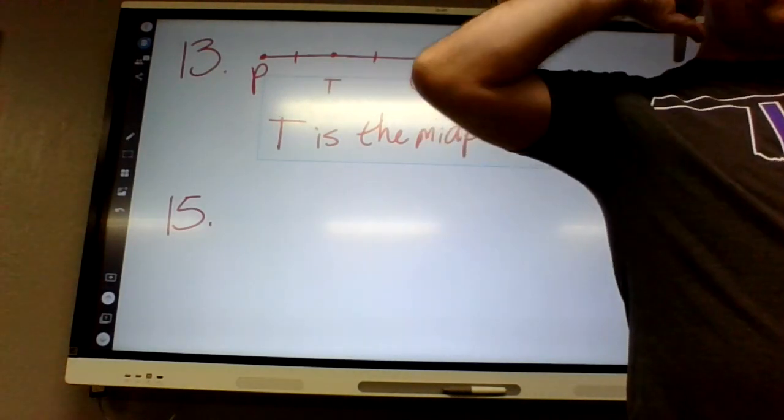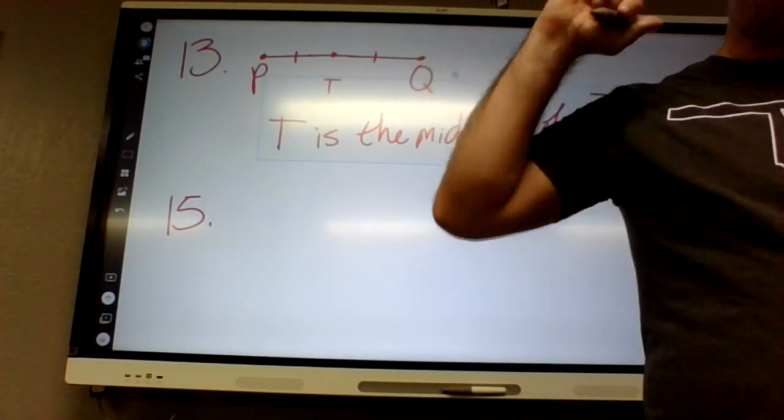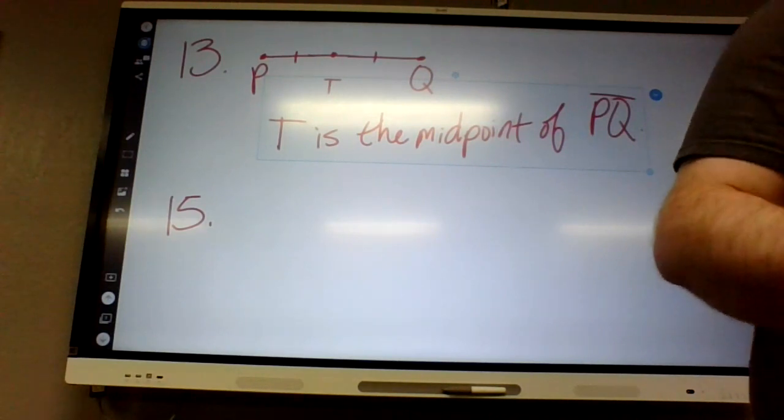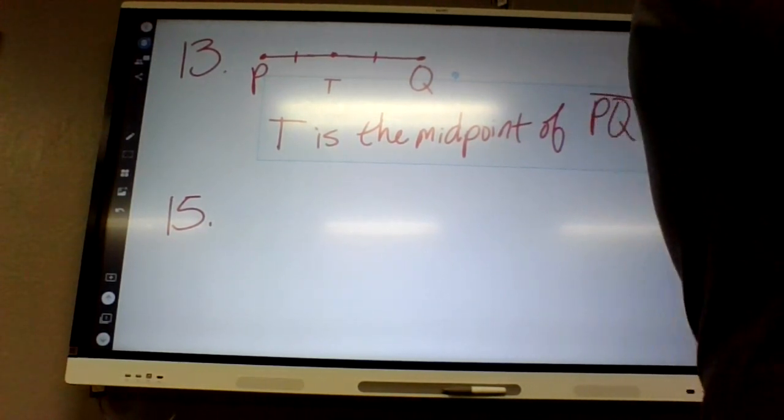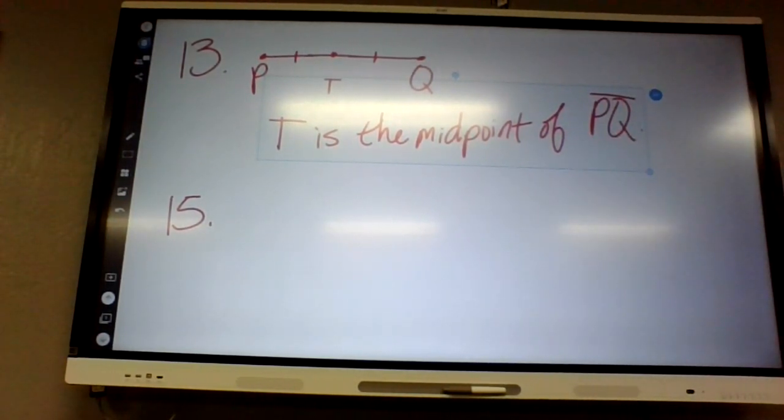Okay, number 15. This is the protractor part. So let's pass this out. These smaller ones work better because they fit on the page better.